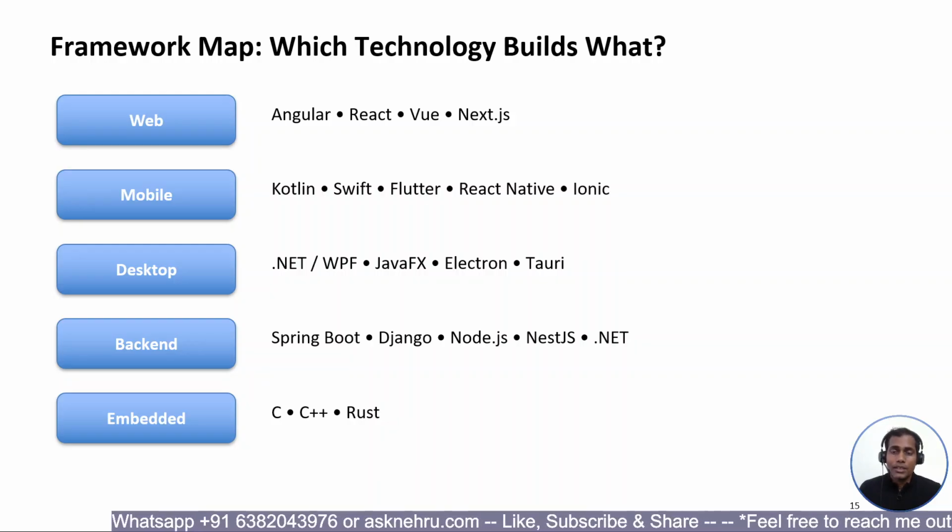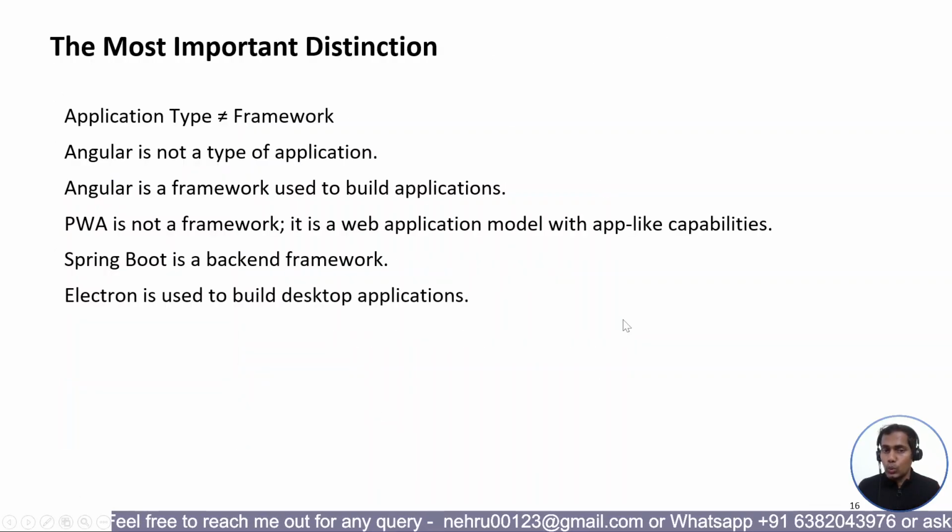For the backend application, we use Spring Boot, Django, Node.js, Next.js, .NET, and FastAPI, and so on. For the embedded, we use C, C++, Rust. So these technologies are tools. We first understand the problem and application type, then choose the application tool. Okay.